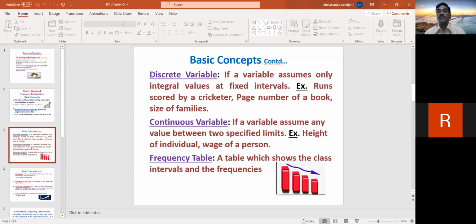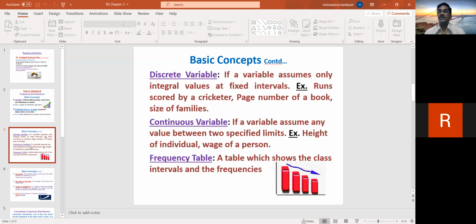Similarly, you have the page number of a book. For example, in a 500-page book, the 10th page is unique. The 10th will not be repeated in other pages or previous pages. The 10th page is the 10th page. You have another example also, size of families. Size of family is unique from one family to another.